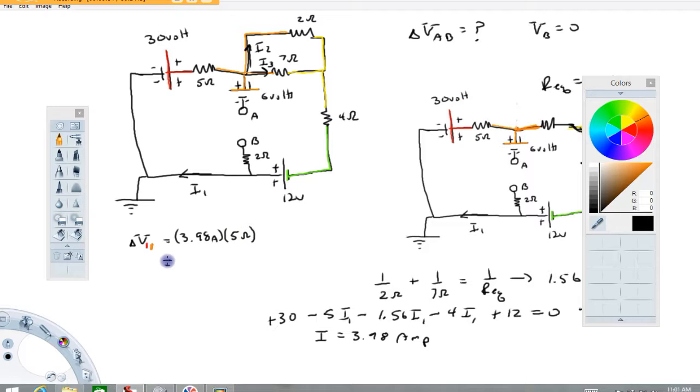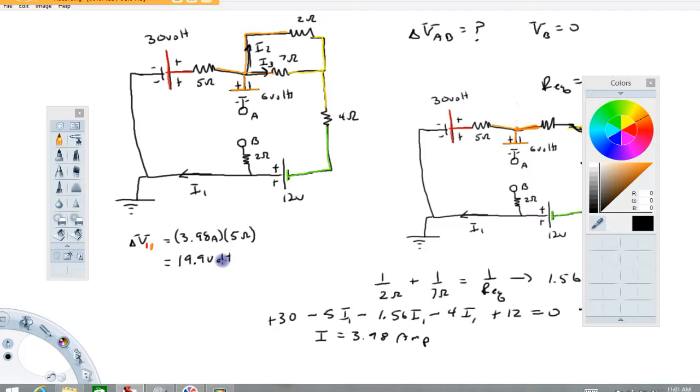And when we calculate a value there, now I get about 19.9 volts. Should have probably just approximated that to 20, but I'll go ahead and write 19.9 volt potential difference there.